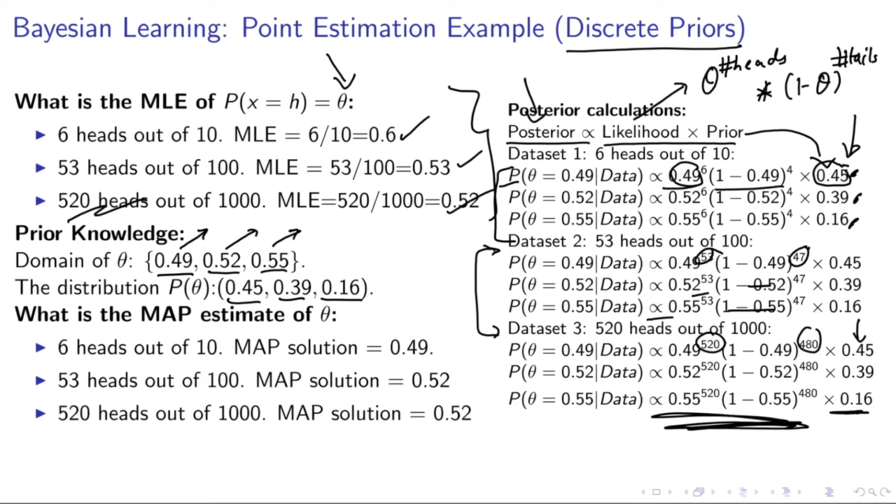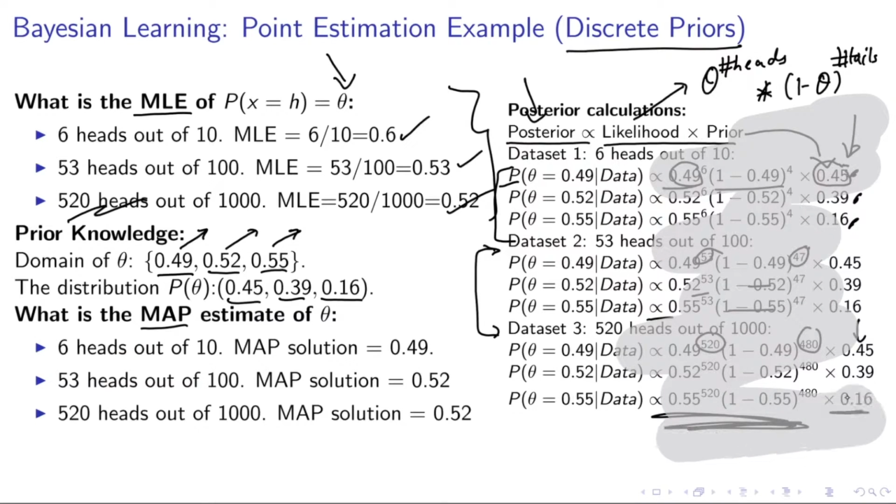So let us now try to compare apples to apples. What I mean by that is, let us compare MLE to the MAP estimate. We saw that MAP was nothing but a generalization of the MLE in the context of Bayesian learning. So if you remember, the way we compute the MAP estimate is we look at the posterior. Let me erase all my drawings here. We will look at each one of these posteriors.